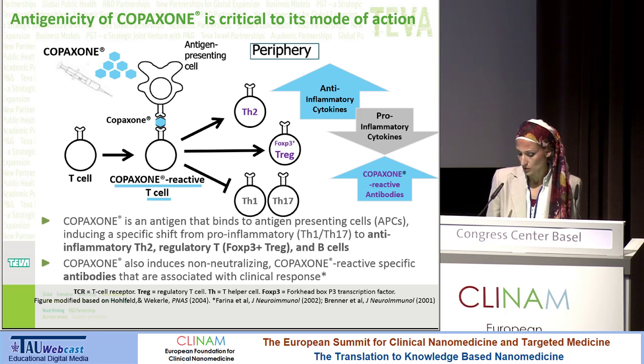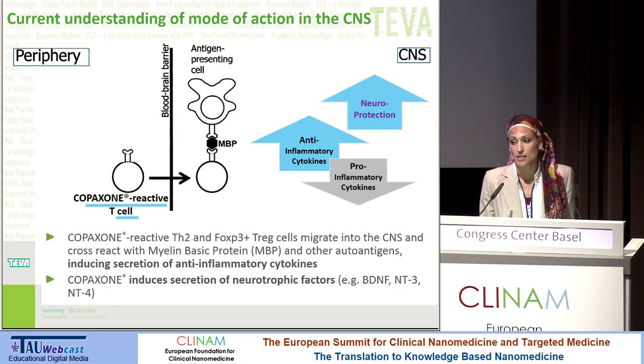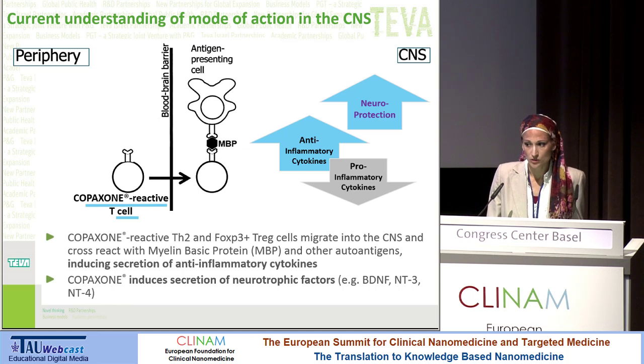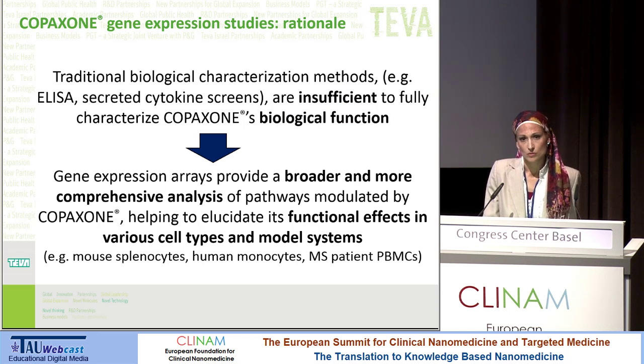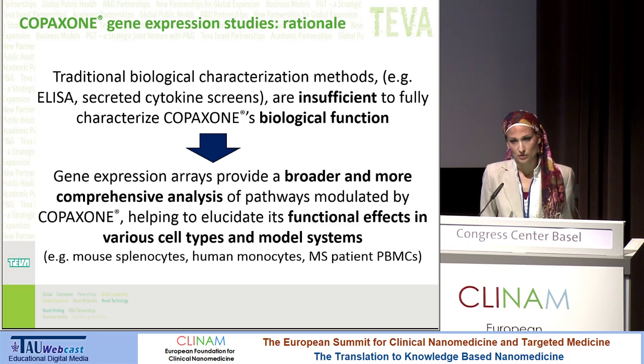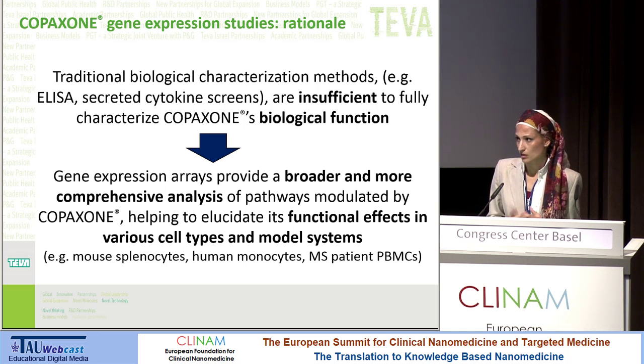And also non-neutralizing antibodies are produced, which are considered to be associated with positive response. Then these reactive T cells cross the blood-brain barrier and again induce an anti-inflammatory milieu and also induce the secretion of neuroprotective factors.